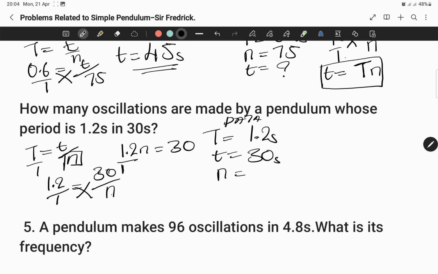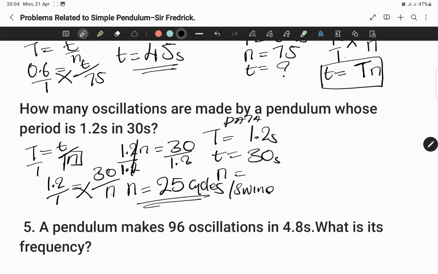So I want to remain with n, so I'll divide both sides by 1.2. How much is this? Okay, so this gave me actually 25 cycles or swings. So we're going to have 25 swings.